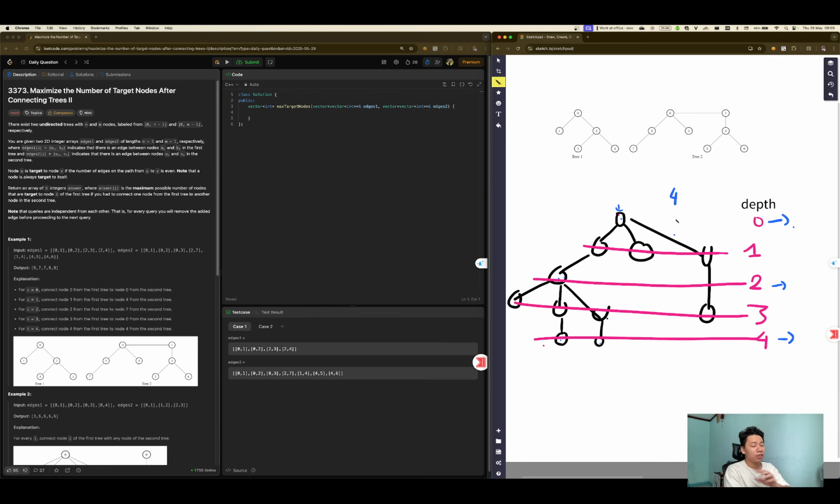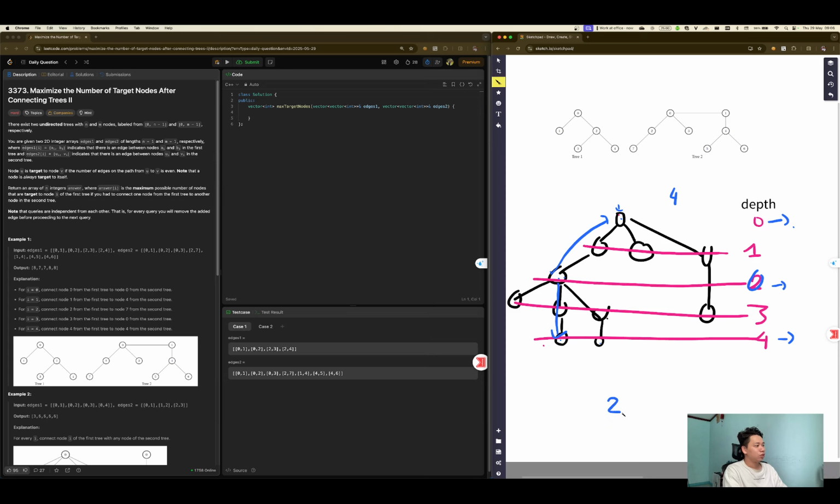What if I told you that the nodes at even depth are all targets of the same node, like the root? Let's take this one. As we know, this is at even depth, so it travels back to the root with an even number of edges, right? Like this is one or two, the same as this, and this travels back to another node at this level.